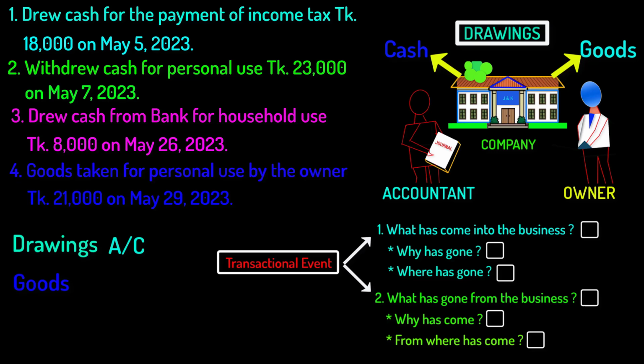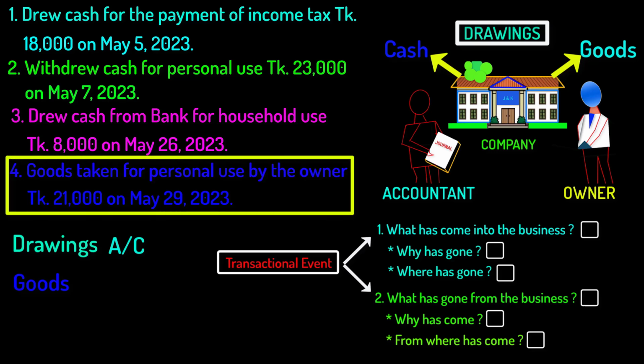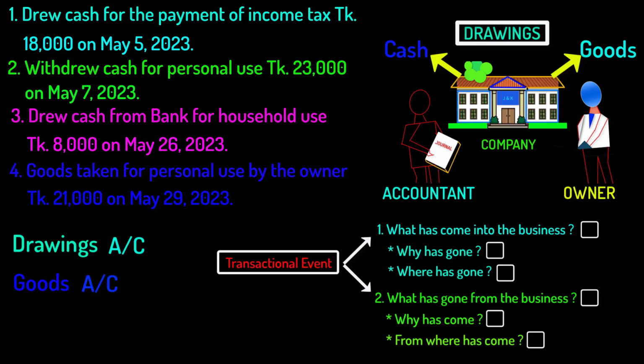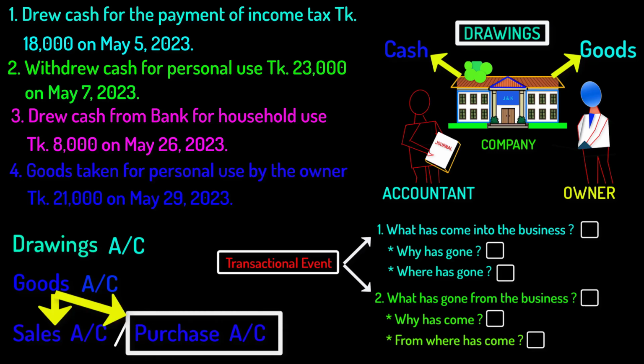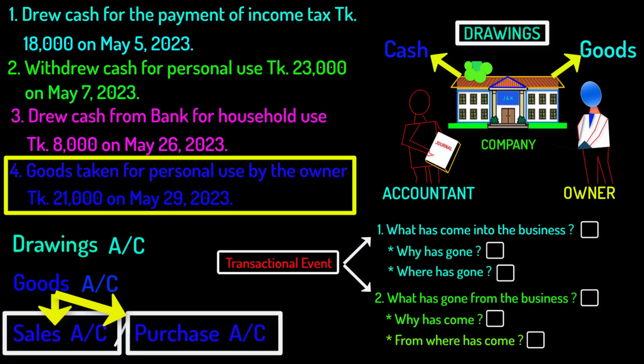So you have got the name of the other account that is involved in this transaction, and the account is goods account. Do remember, there is no account like goods account in accounting. Instead of goods account, either we get sales account or we get purchase account. Now the question is, between these two accounts, which account will you take for this transaction?